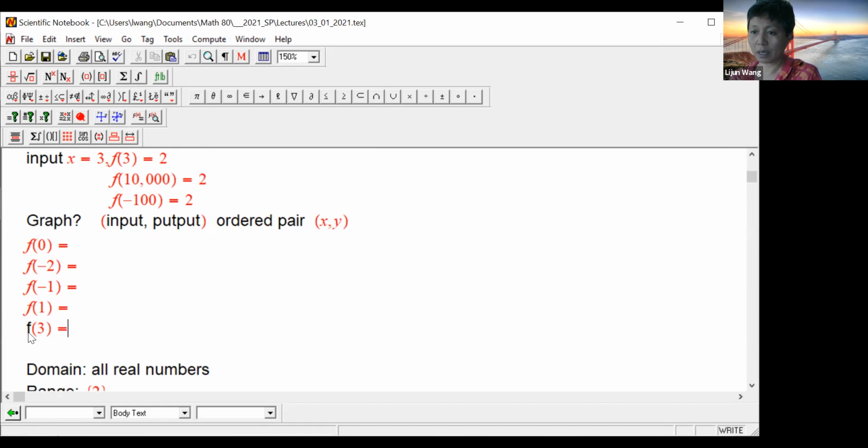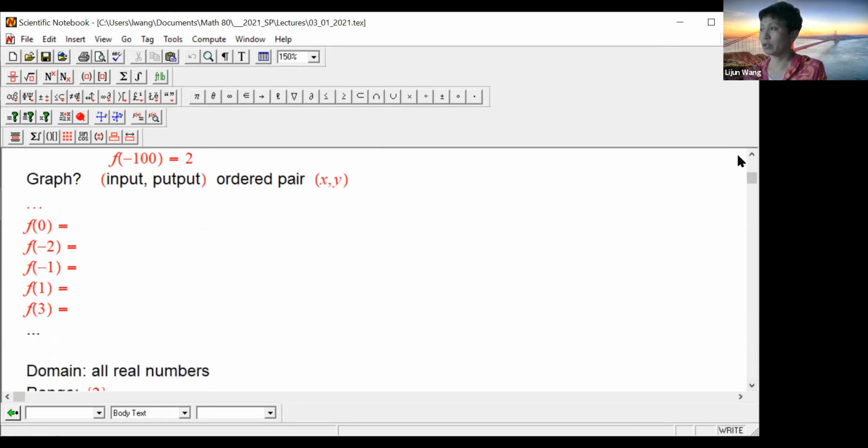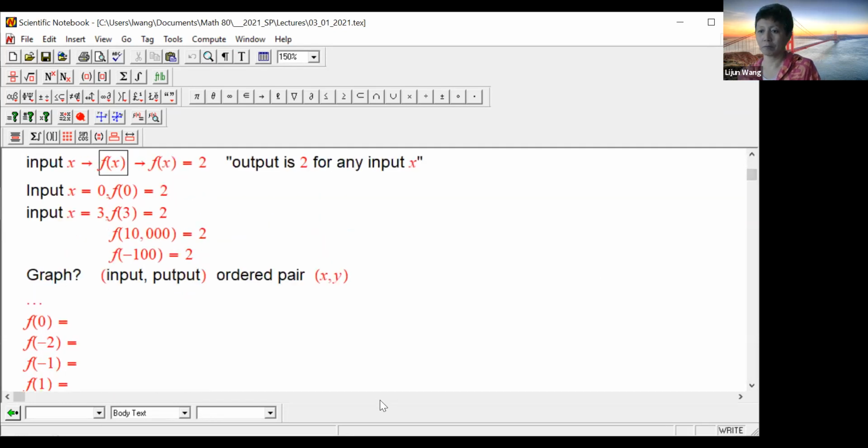You give me some output. Can you give me the output for all of these? Of course, we have many more before 0 and many more after 3. So according to this rule, can you give me some output?